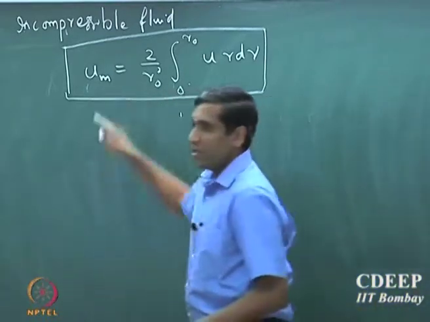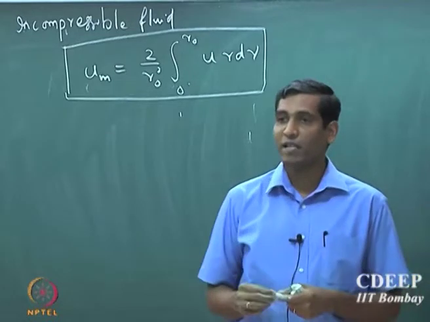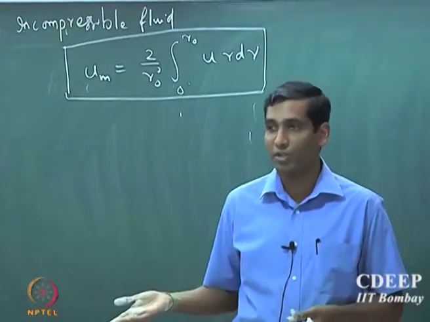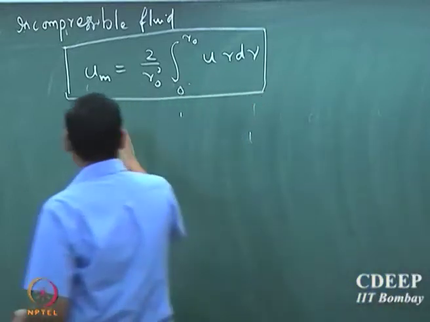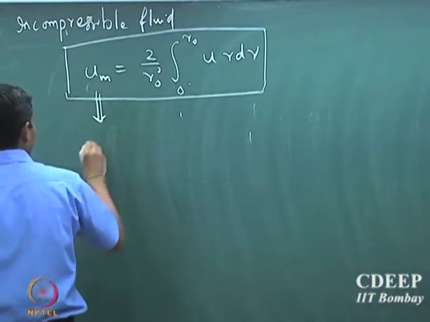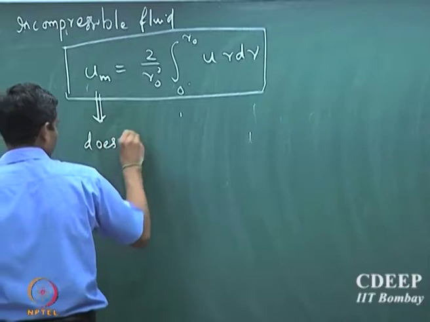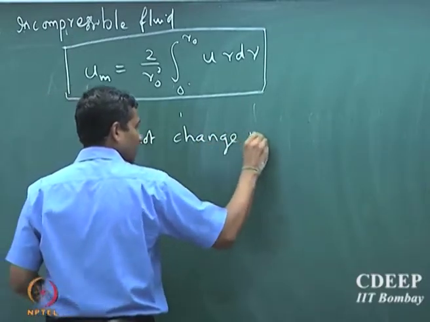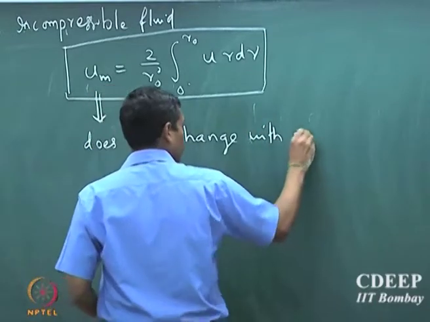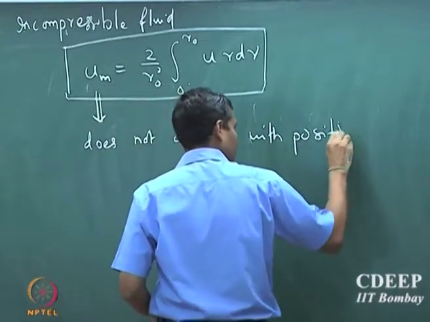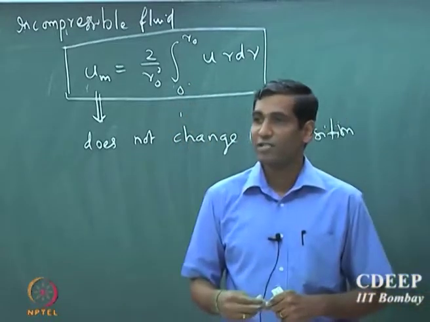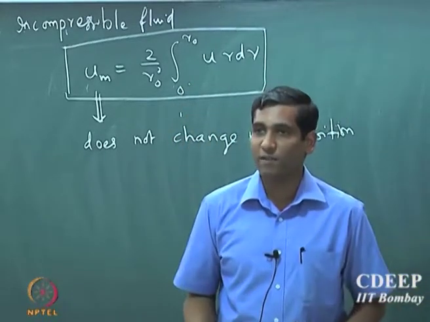So UM is a quantity which does not change with position in the fully developed regime. The average does not change with x position, and so it is a good reference velocity.